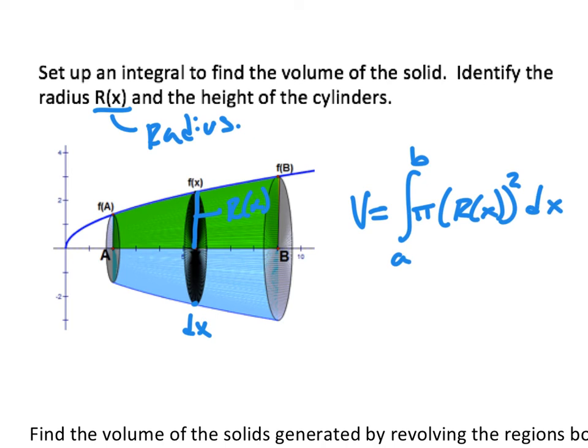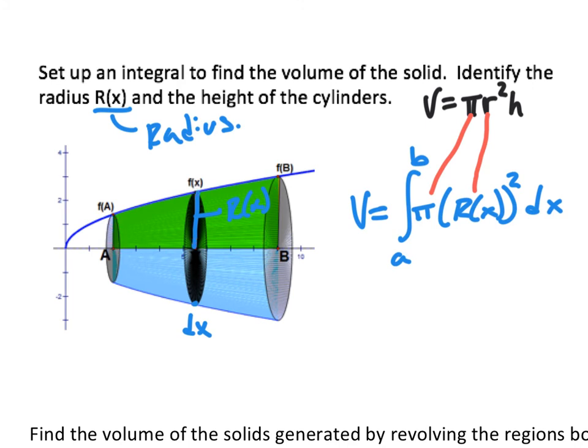Now remember the volume of a cylinder. The volume of a cylinder was pi times your radius squared times the height, okay? So let's show you how this correlates, all right? Here's your pi. Your radius is your function. That's the radius of each of those cylinders, which is determined by the height from the function to the axis of revolution.